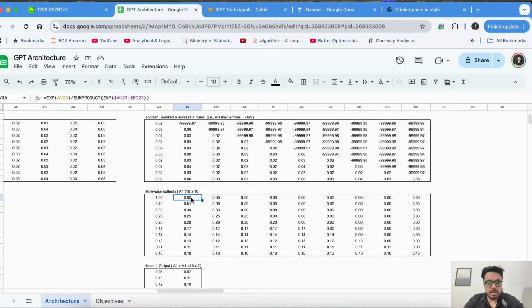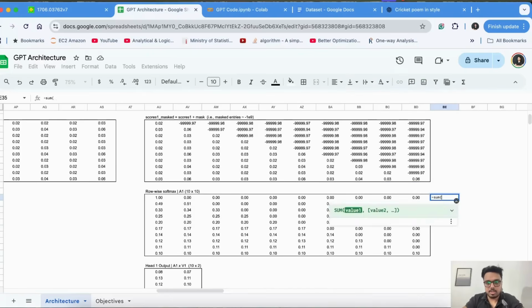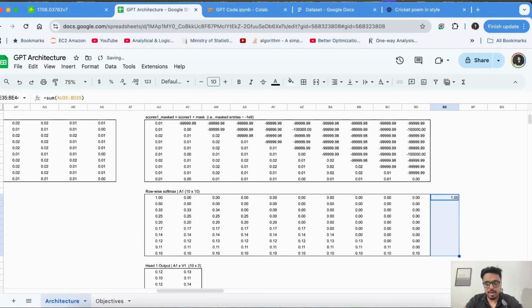And how we achieve this mathematically is by taking the exponent of the individual raw score divided by the summation of the exponents of each of the other scores in that particular list. So we then do row-wise softmax across all the rows. So if you see, the sum of probabilities across each row will be 1.